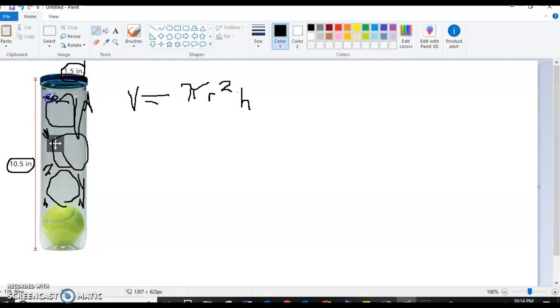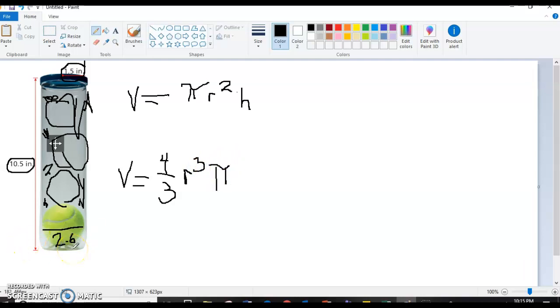Like my diagram here. There's one more thing we need to know. They tell us that the diameter of the tennis ball is 2.6 inches. If the diameter is 2.6, then what would the radius be? Because remember, in order to solve for the volume of a sphere, we need radius cubed. It is 4/3 radius cubed times pi.